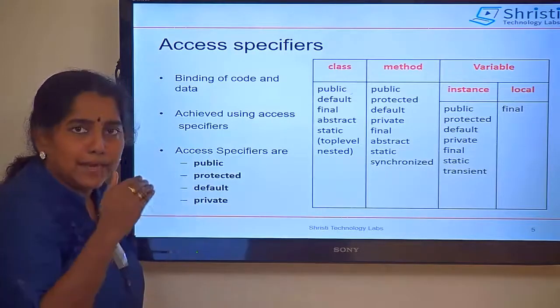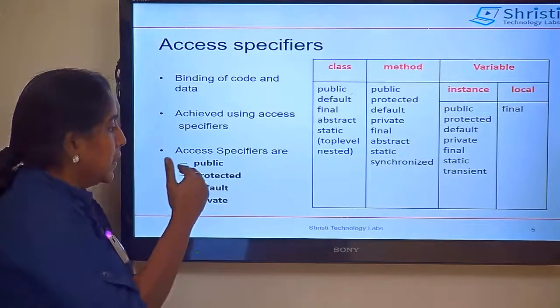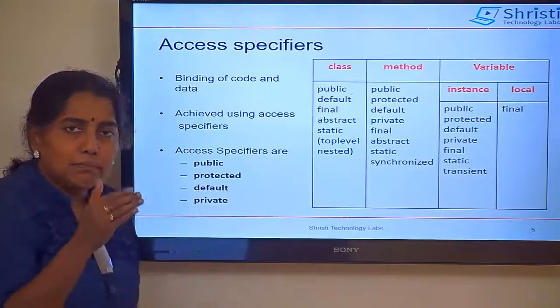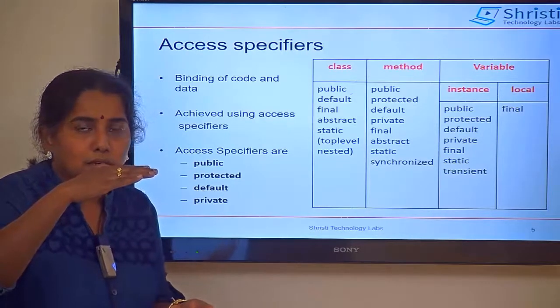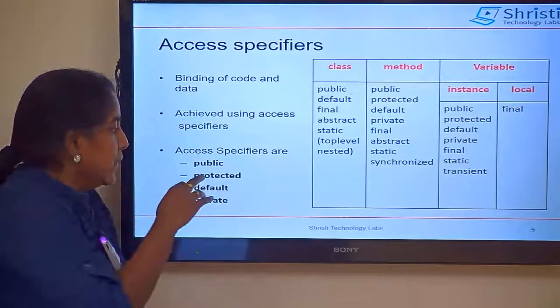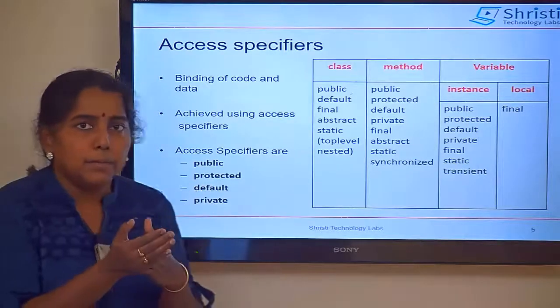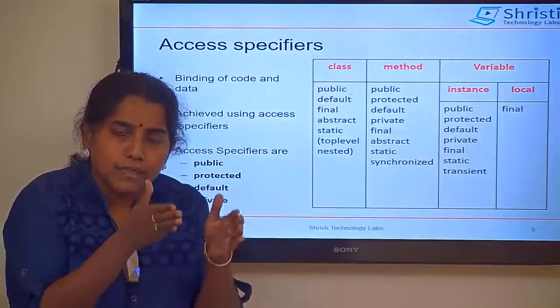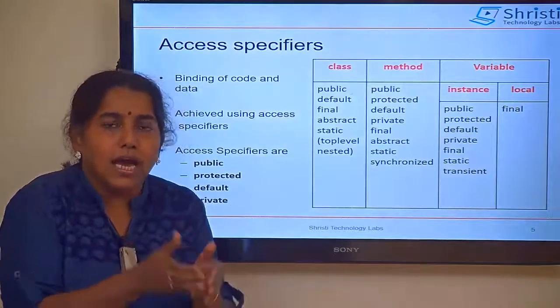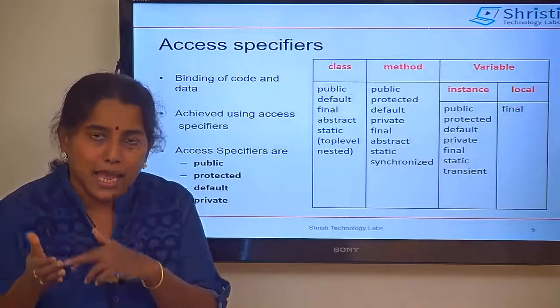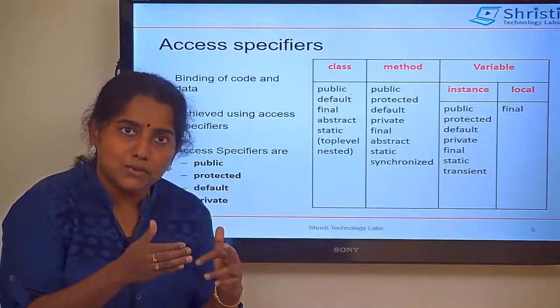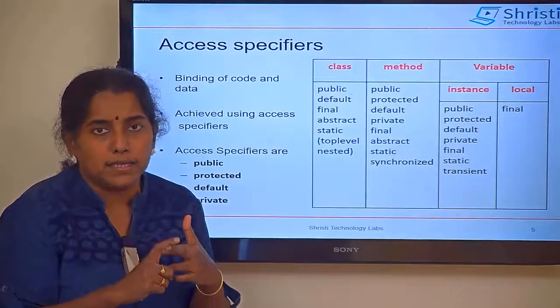Private means it can be accessed only in the same class. Default means it can be accessed only within the same package, in the same folder. Okay, that is the same package. What about protected? Protected means if you are having a superclass in package 1 and a subclass in package 2, the subclass can access the methods in the superclass if they are protected.